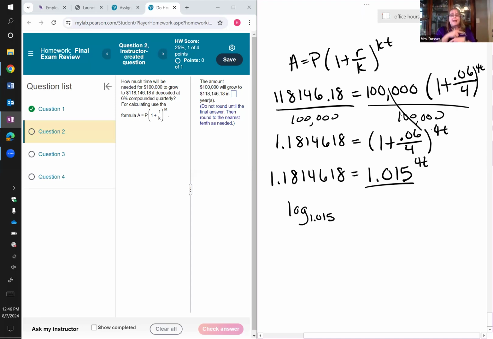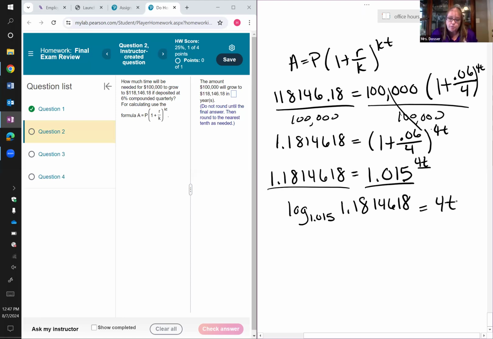And then my input and my output switch. So 4t is the input, and that's going to become the output. And the output, 1.1814618, is going to become the input, what I'm taking the log of. And the 4t that was the input for the exponential is going to become the output for the log.